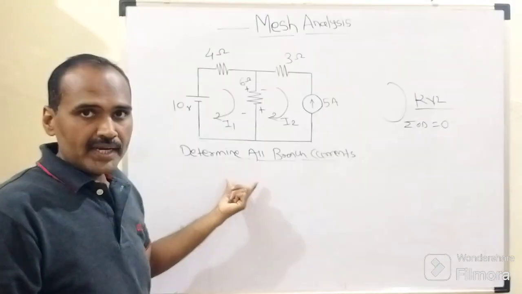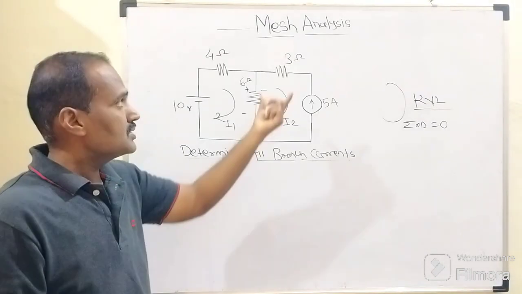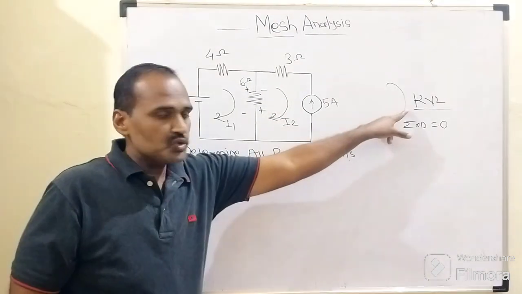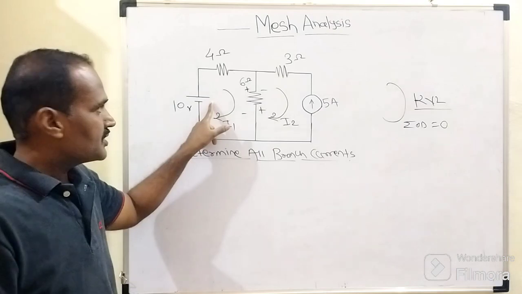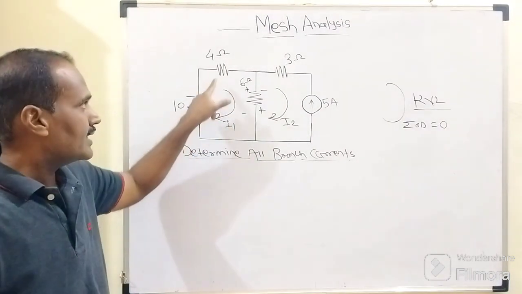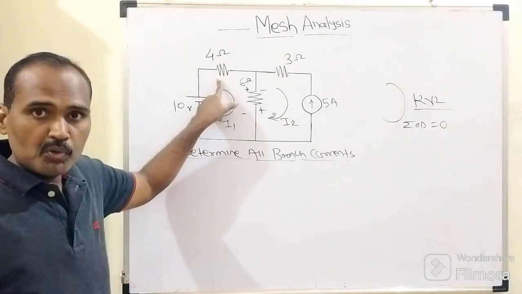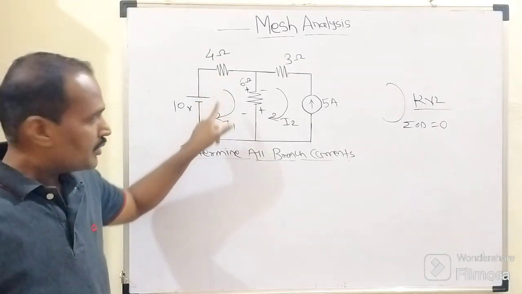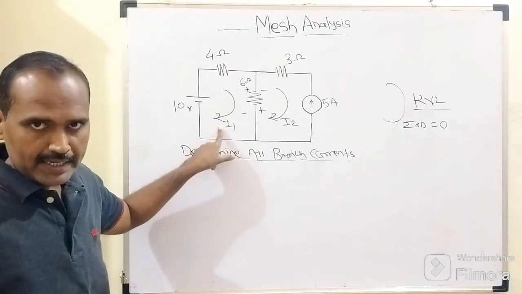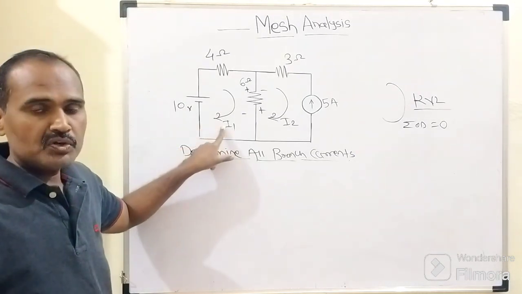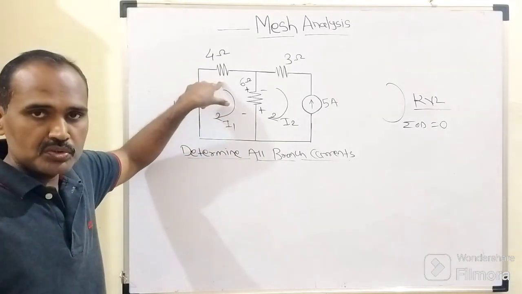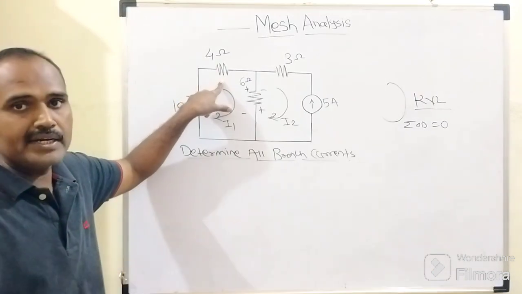So first of all, by using the basic strategy of mesh analysis, we need to apply Kirchhoff voltage law to mesh number 1. When we apply Kirchhoff voltage law to mesh number 1, we need to mark the polarity on each resistive arm according to the direction of the assumed fundamental current. As the direction of I1 is clockwise, how does I1 flow through this 4 ohm resistor connected in the horizontal arm?